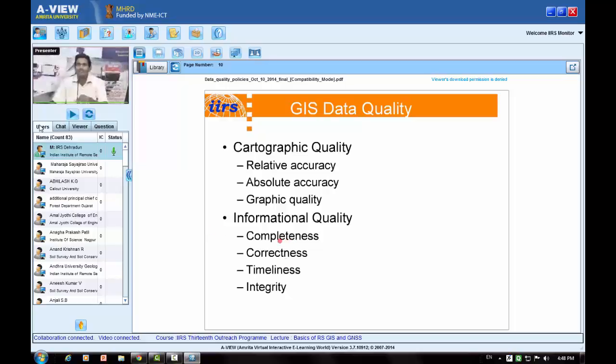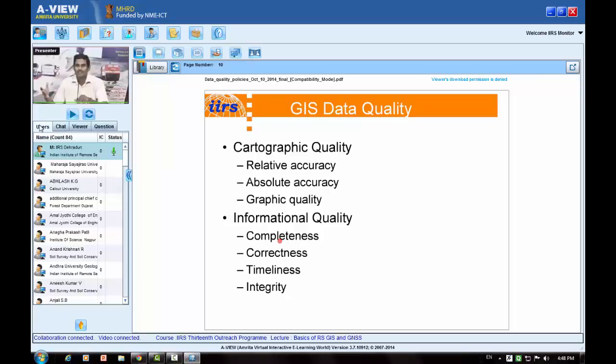And then completeness. Suppose you take a map and digitize it into your themes, and you are able to digitize only some part of the data instead of the complete part. If you digitize only 80% of the information and 20% is still left, then it is 80% complete.